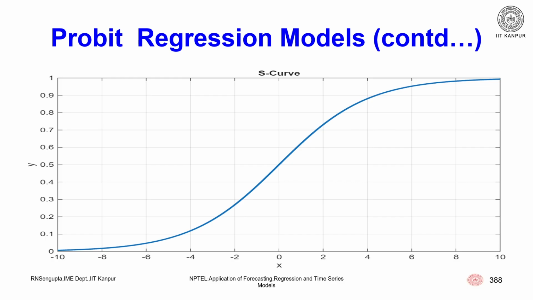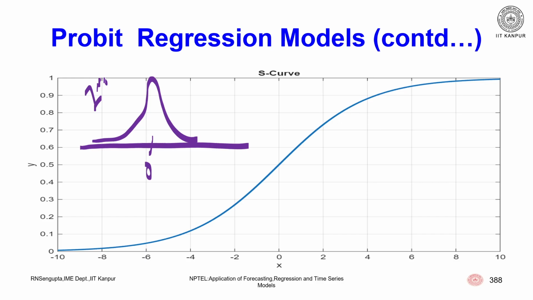Now, for any CDF, if you remember, I am considering, for example, the standard normal deviate. If I draw the standard normal deviate, I am just drawing it here and then I will erase it and come to the S curve. This is the value of 0, and the standard normal PDF looks like this, where z is distributed as N(0, 1).